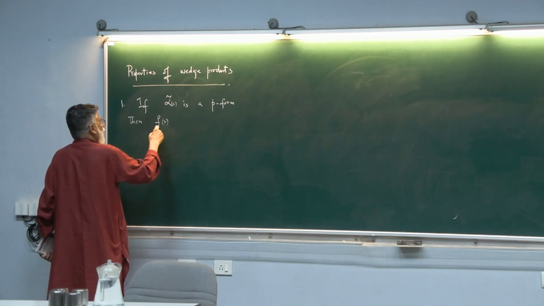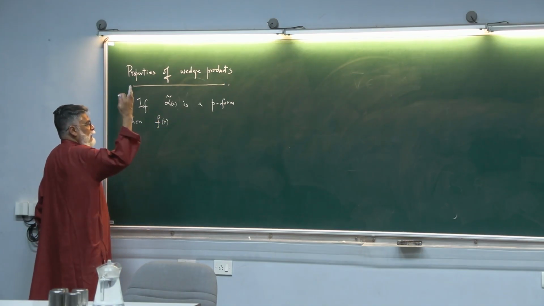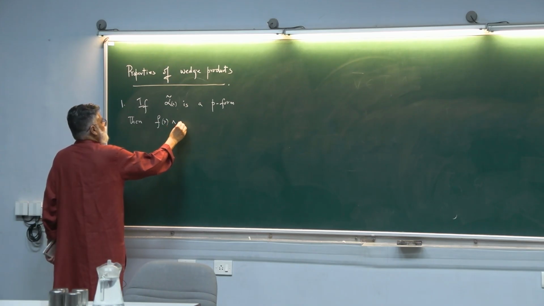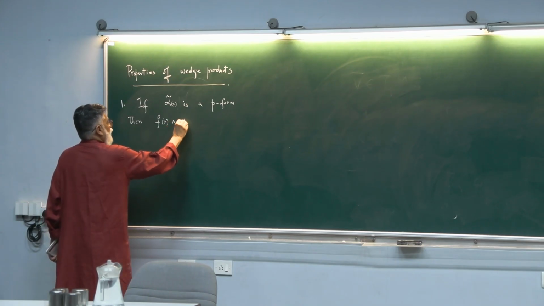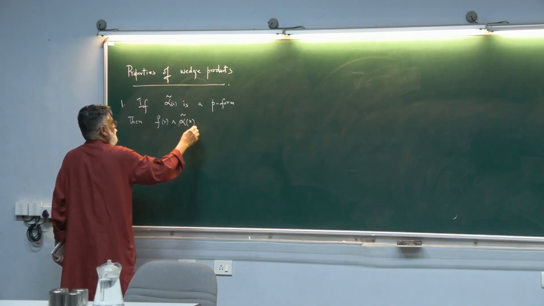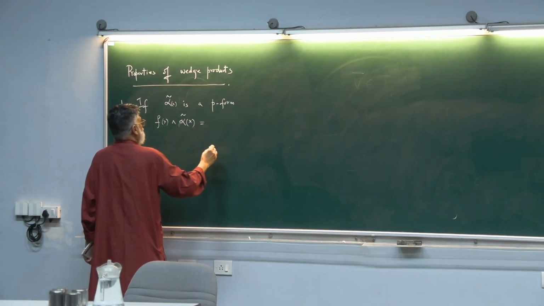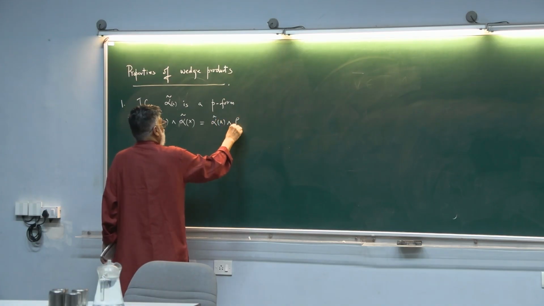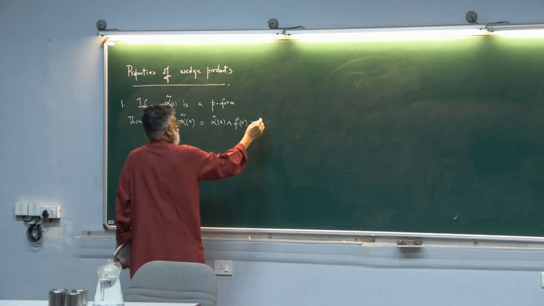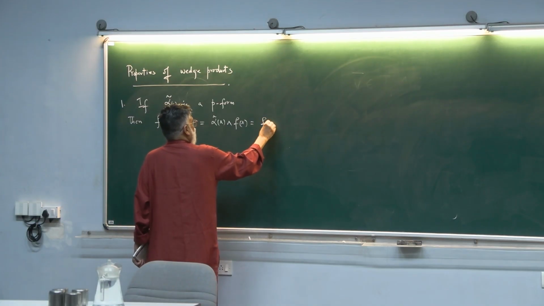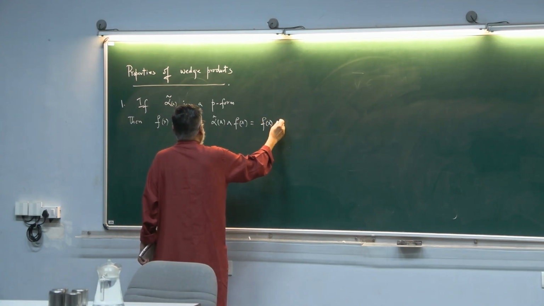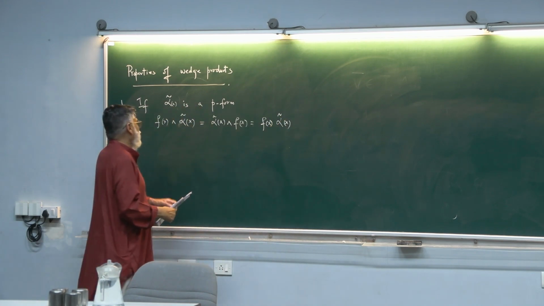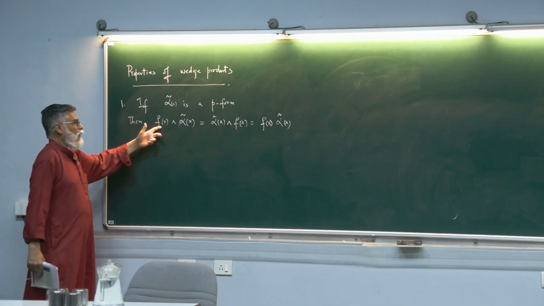So if f of x is a 0 form, then f of x wedge alpha of x is the same as alpha of x wedge f of x, and it is the same as f of x multiplied by alpha of x. But there is no point in distinguishing because f is a 0 form. All right.